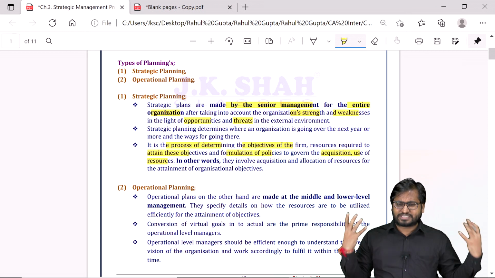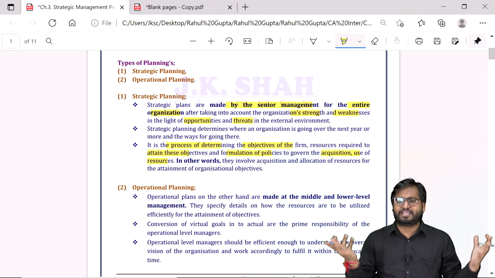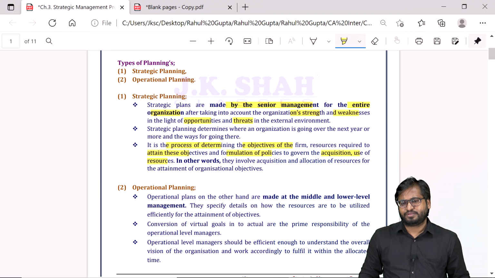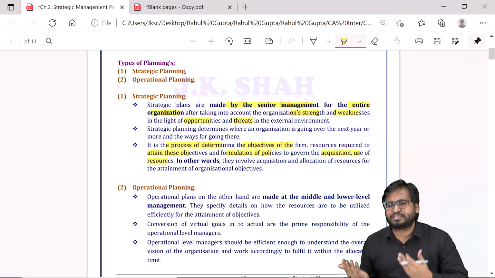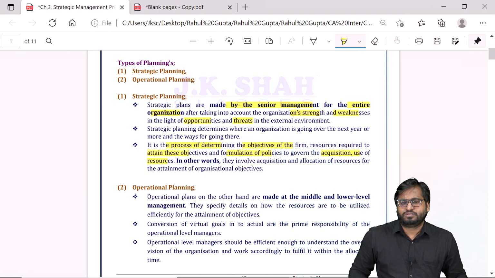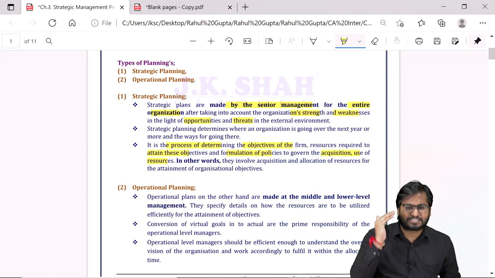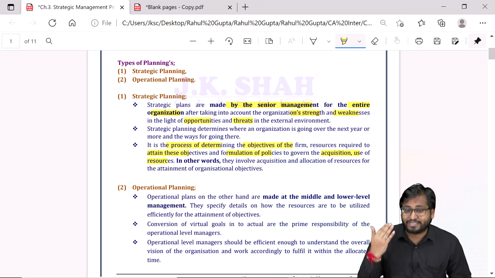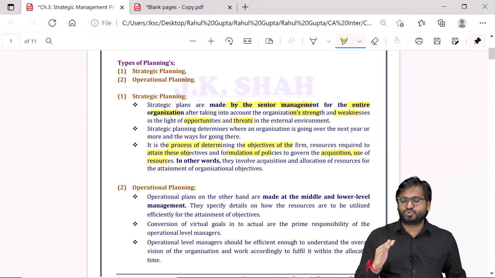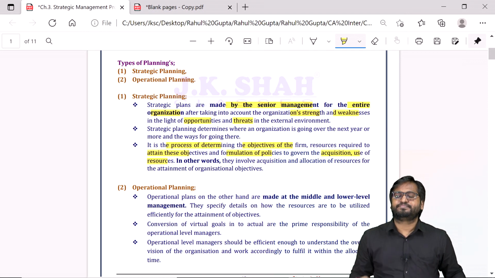So all these environmental factors are indicating towards one thing, that I should also start manufacturing electric vehicles. So now the senior management has decided to enter into electric vehicles also.